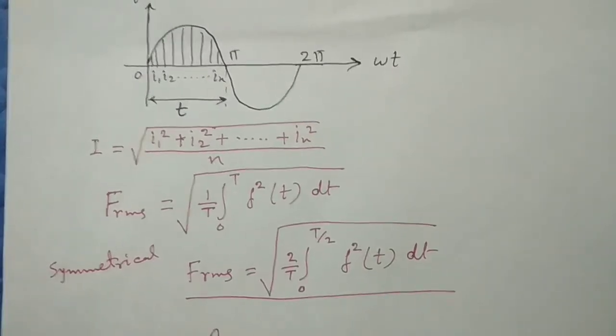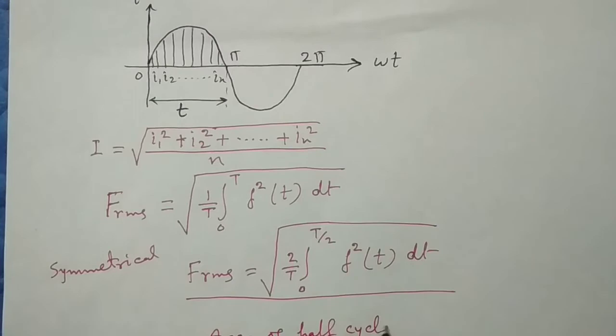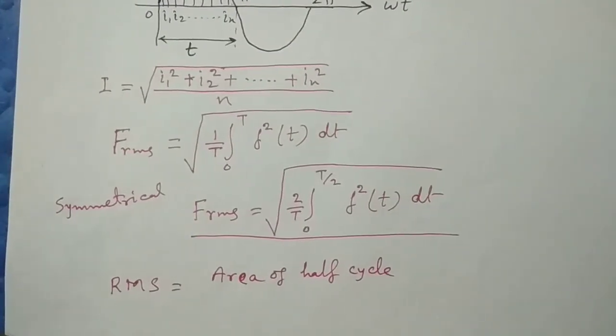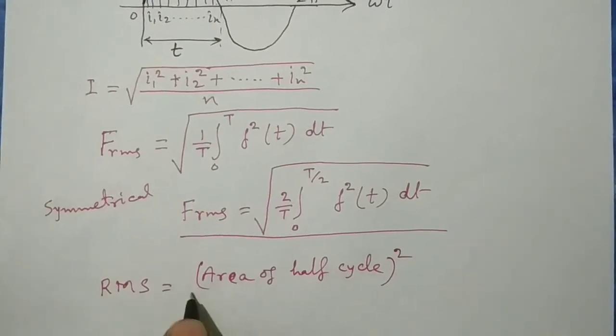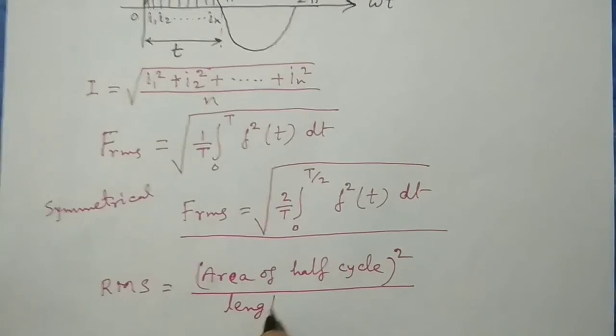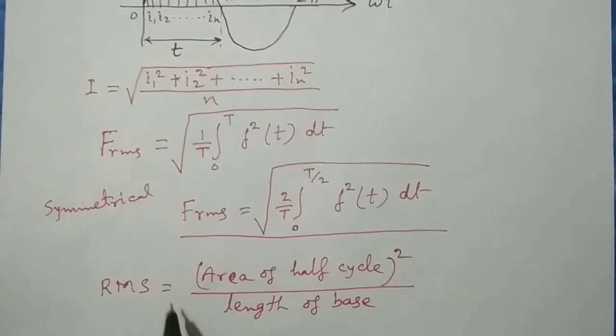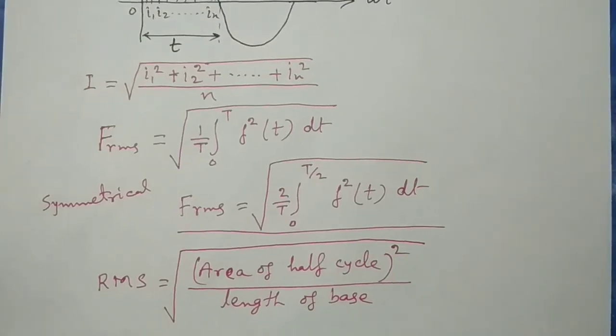It will be the area of the half cycle, then its square upon the length of the base, and then take the square root of the whole value. This is the general concept to find out the RMS value.